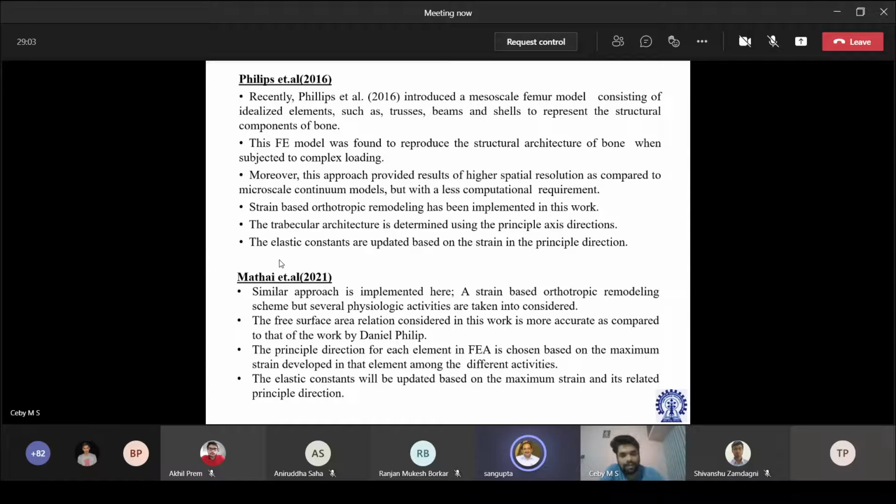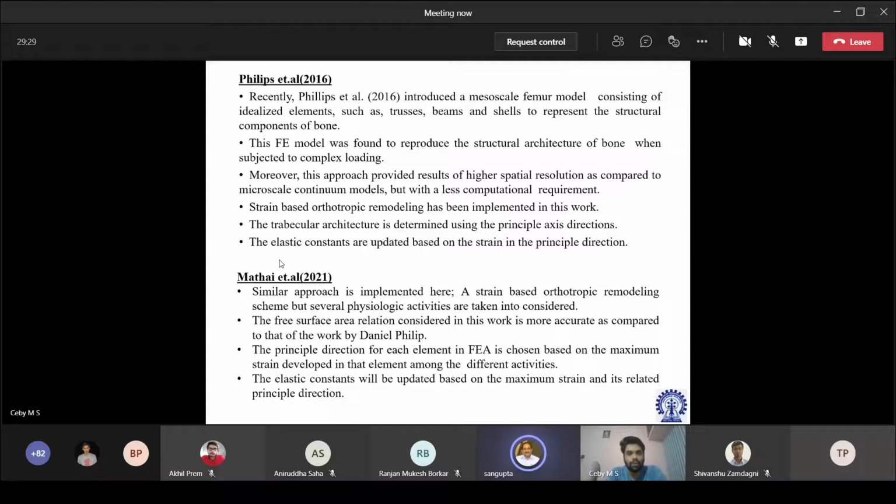Students, similar work has been done by one of our seniors. He went with the same approach of strain-based orthotropic remodeling. But the interesting fact here is that more physiological activities are being implemented into this analysis.